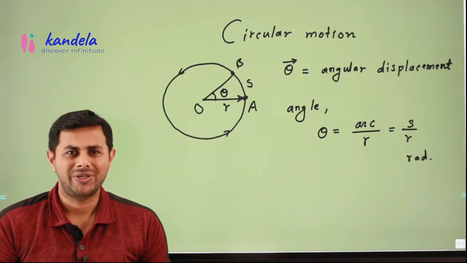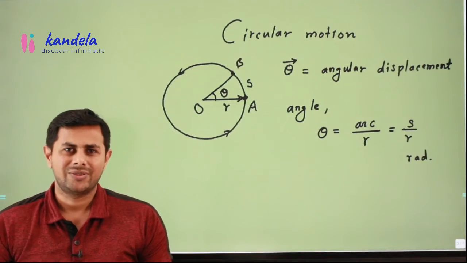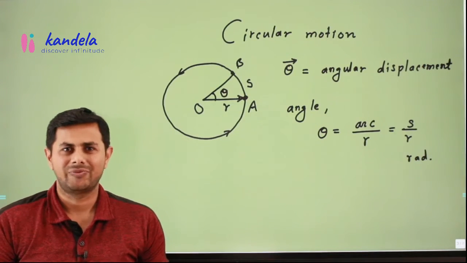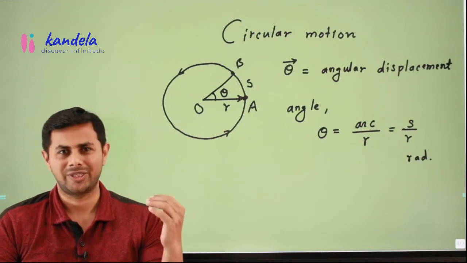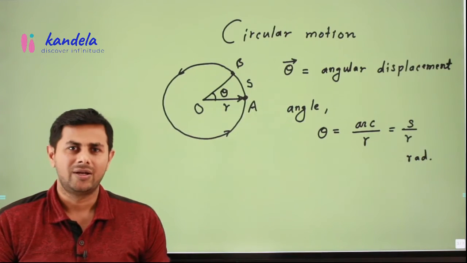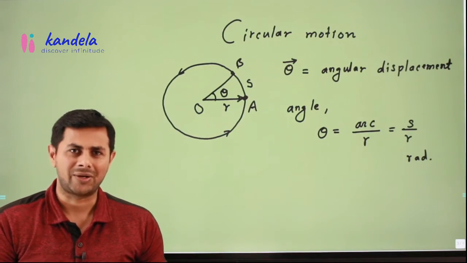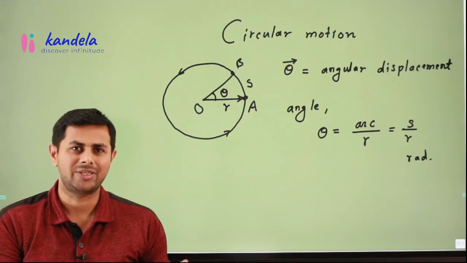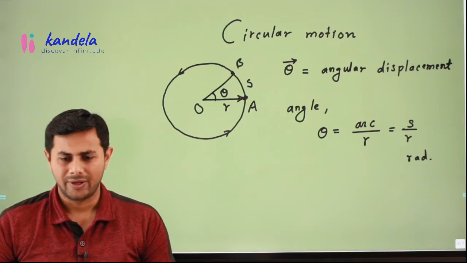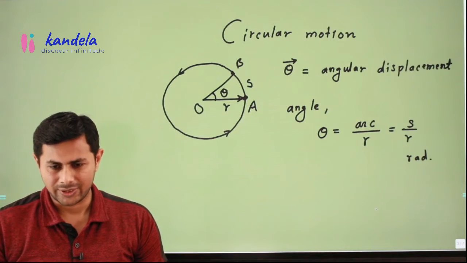Now let's talk about angular velocity. Just like in linear motion, we define velocity as the ratio of displacement to time, in circular motion we define angular velocity as the ratio of angular displacement to time. So what is angular velocity?